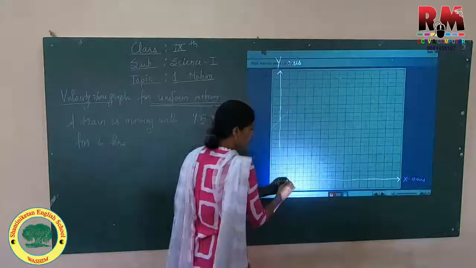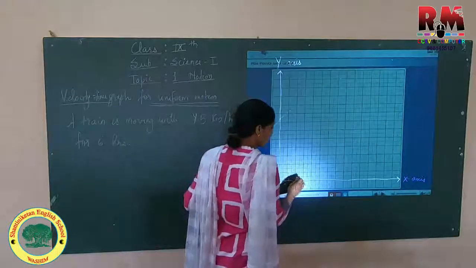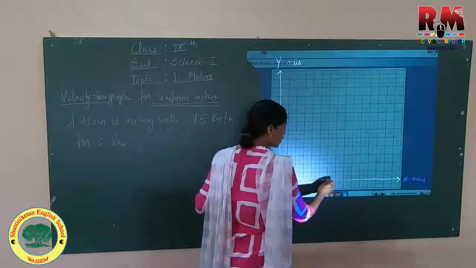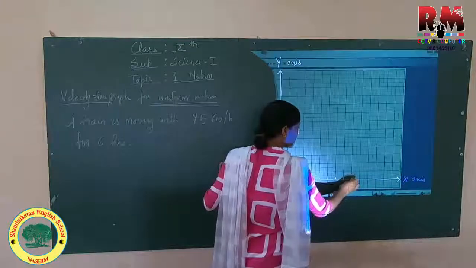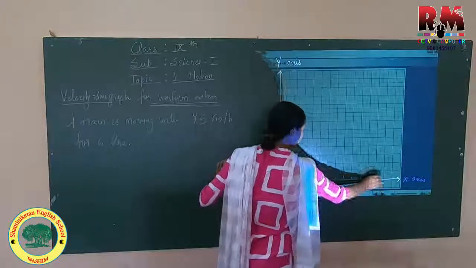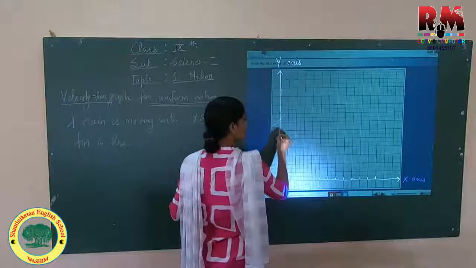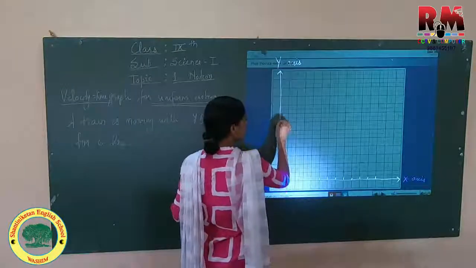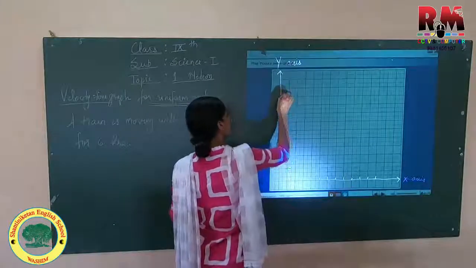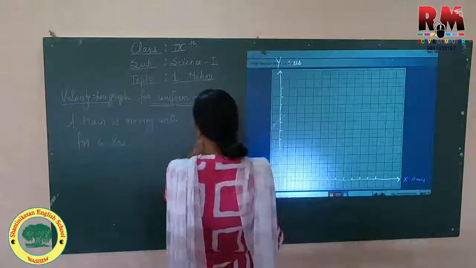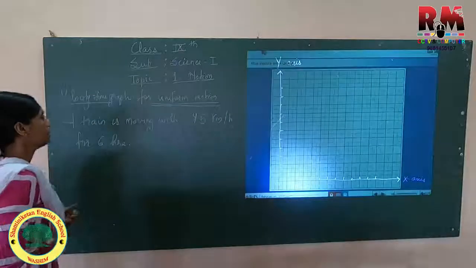Then you have to plot. You can take two points, you can take one box or two boxes. Now let us see what graph is given.